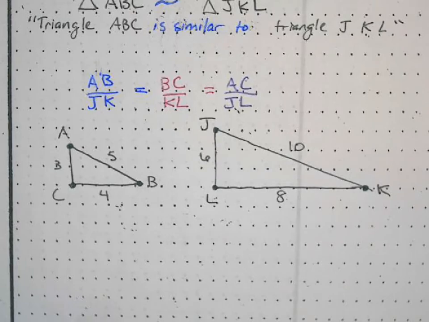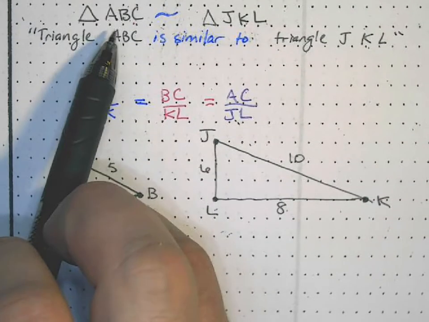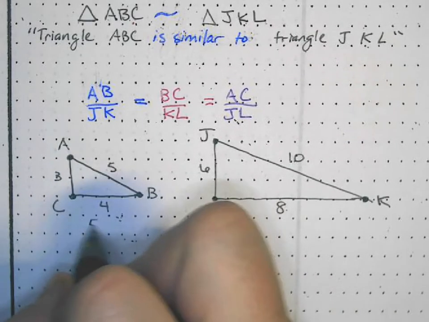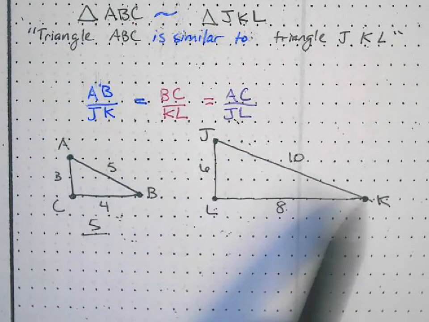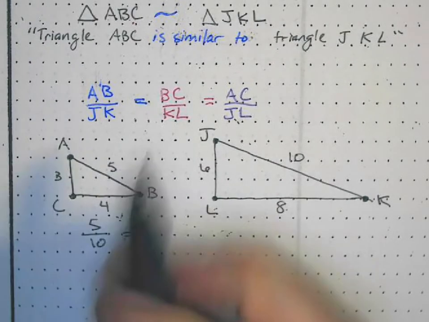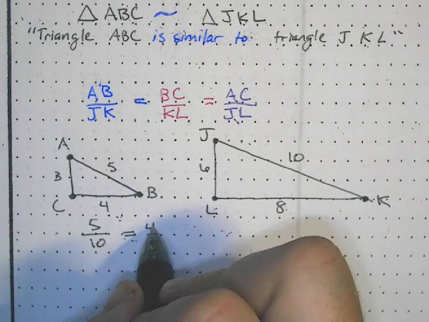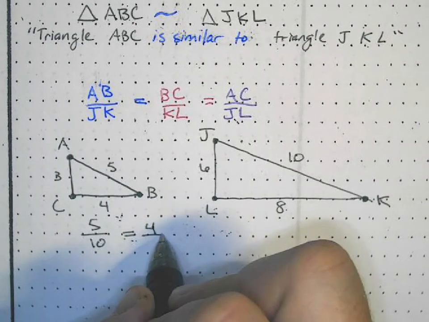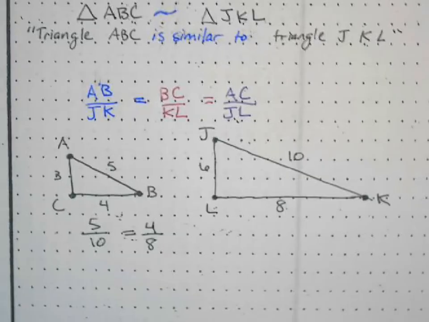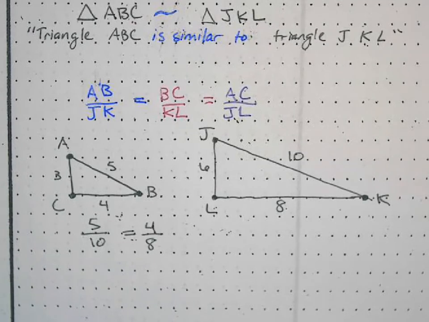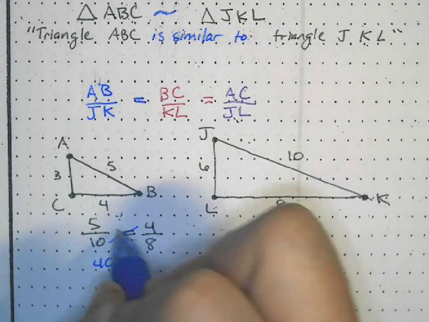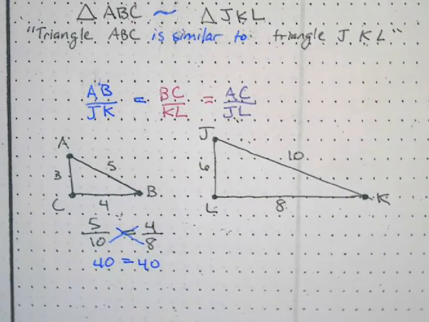So now let's see if we can set up those ratios. So I can say AB, 5, is to JK, 10, as BC, 4, is to LK, 8. Now if we cross multiply, we'll see that 40 equals 40.